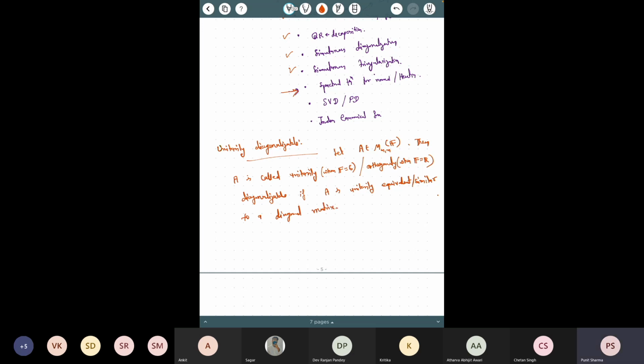If a matrix is orthogonally or unitarily similar to a diagonal matrix, depending on the field, then we call this matrix unitarily or orthogonally diagonalizable.